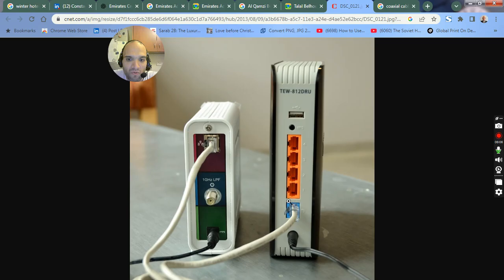You are going to connect your PC with an Ethernet connector. An Ethernet cable starts from your PC and concludes here.